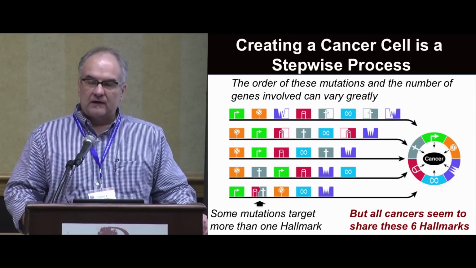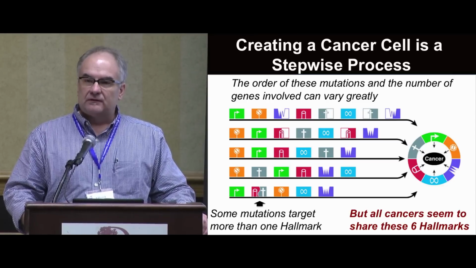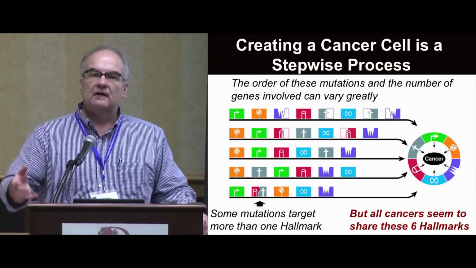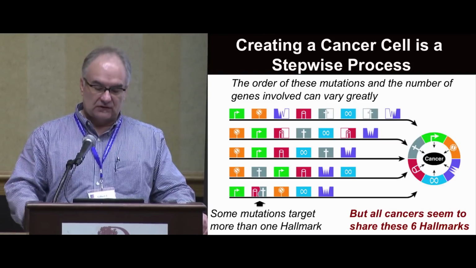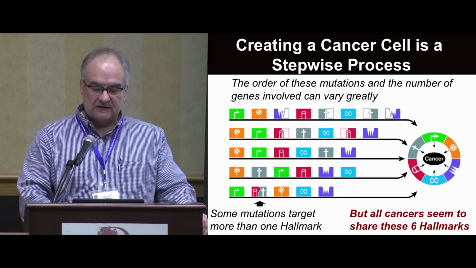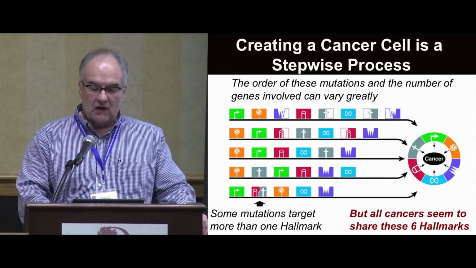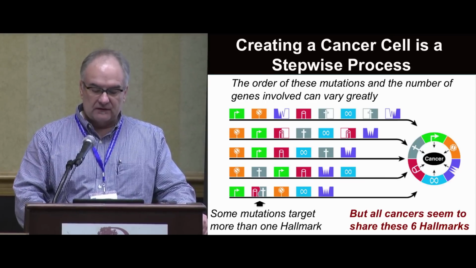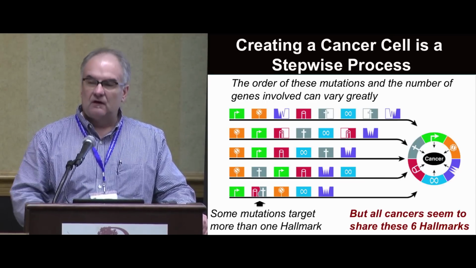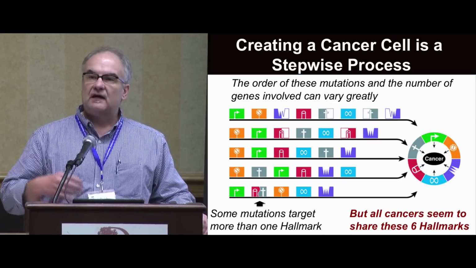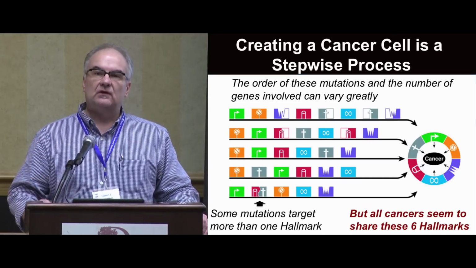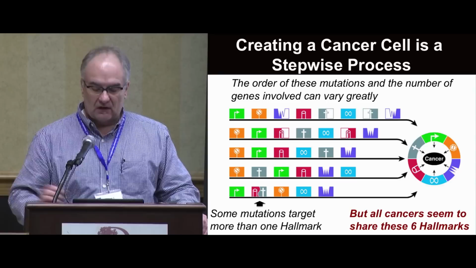So when we want to create a cancer cell, we don't do it all at once. As I said, it's an acquired set of mutations, and they occur typically in a stepwise fashion. And there's no given order in which all of these 6 different targets are hit. And you can actually have multiple hits occurring that are not sufficient alone.